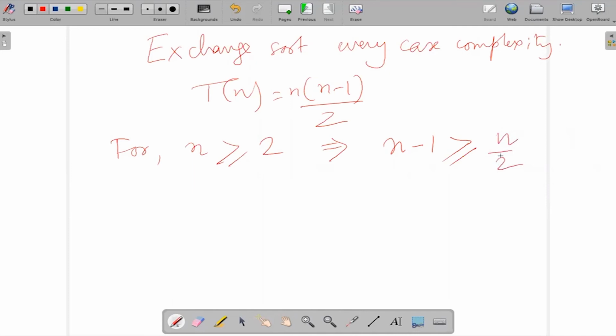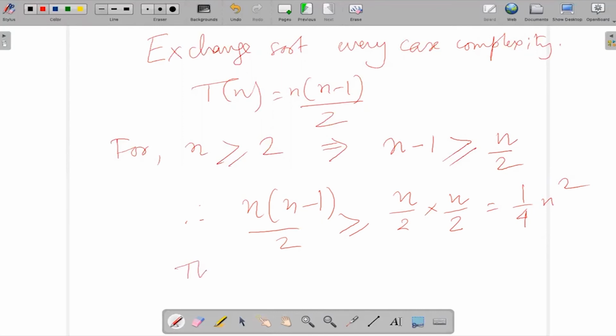Okay, so you have to learn. So the more you will practice, the better you will be able to solve this kind of problems. So we can write n minus 1 is larger than equal to n by 2 for all n greater than equal to 2. So this immediately says that n into n minus 1 by 2 should be larger than equal to n by 2 into n by 2, that is 1 by 4 n square.